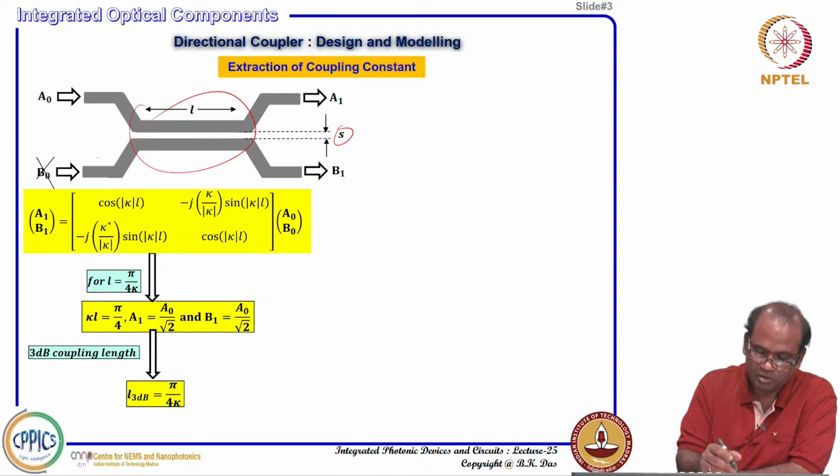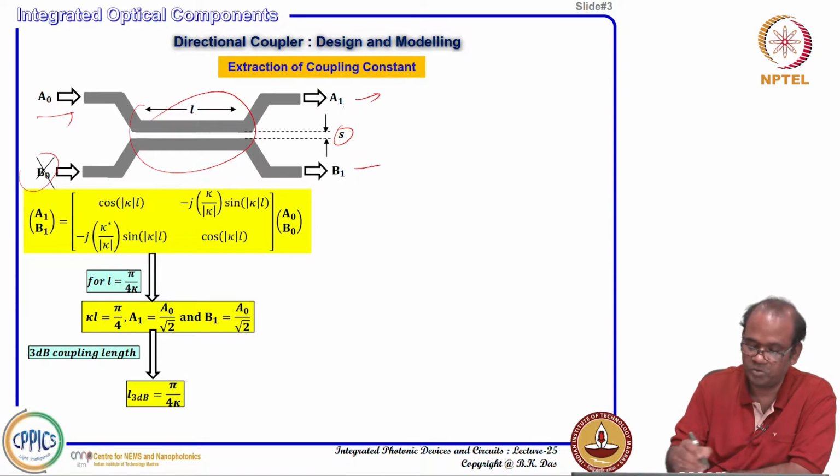Okay. So, only thing is that if I maintain that waveguide dimensions, then just controlling the length alone, you can control how much power you are launching in the cross port.